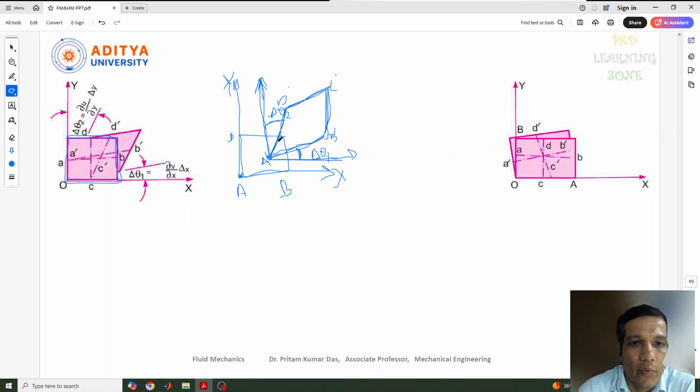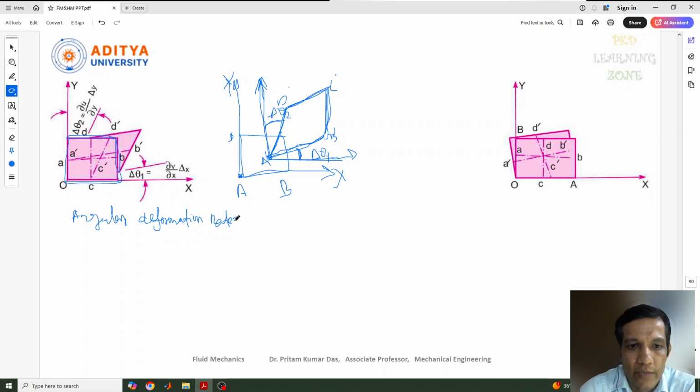Suppose this is delta theta 1 and delta theta 2 that we have taken. Delta theta 1 is the angle change in the x side and delta theta 2 is the angle change in the y side. So now we can write the angular deformation rate.